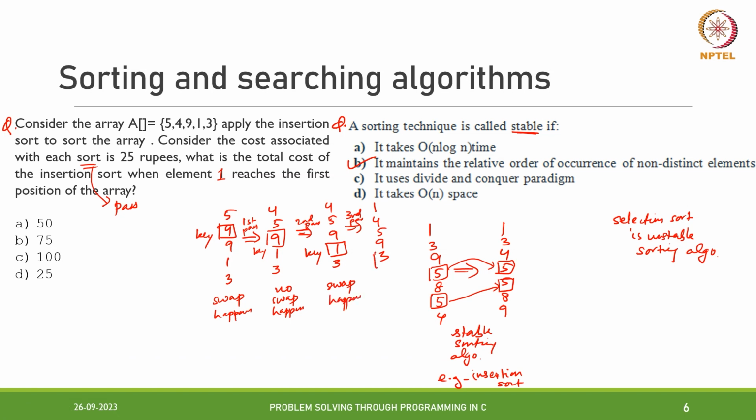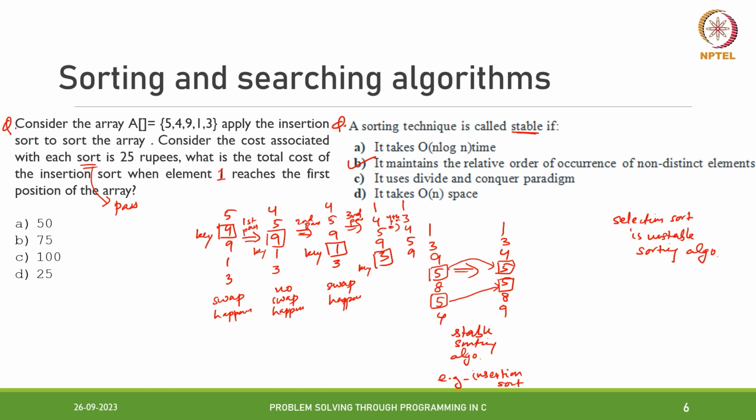Finally 3 will be our key, and we just need one more step of sorting. So 3 and 9 will be swapped, then 3 and 5, 3 and 4, and we will finally get our sorted array. That will be after the fourth pass. But the question asks, when will 1 reach the first position of the array?